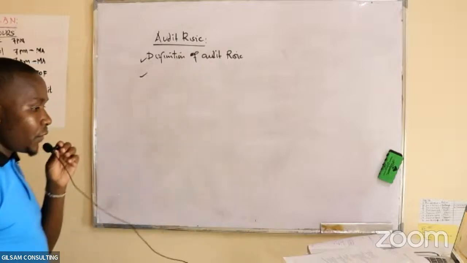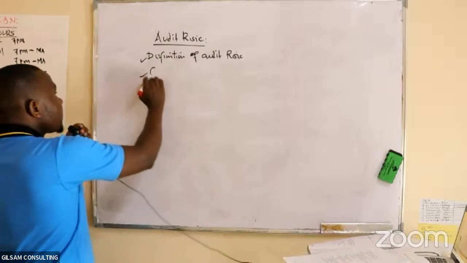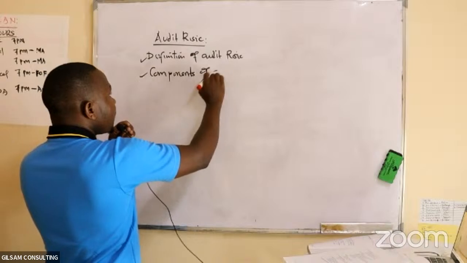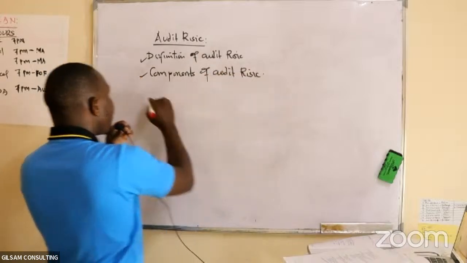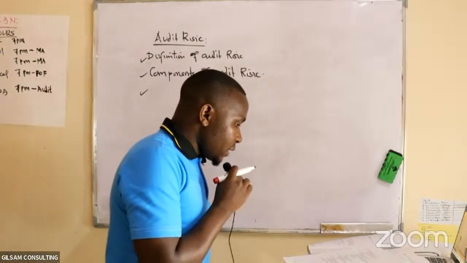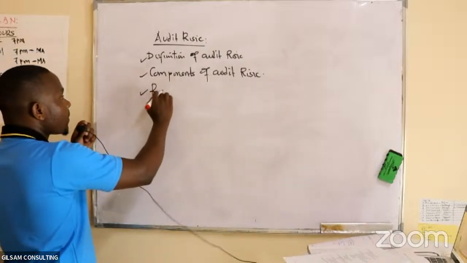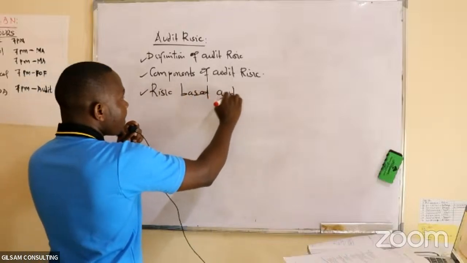After the definition of audit risk, the examiner also needs you to understand the components of audit risk, and after the components, you need to know the risk-based audit.